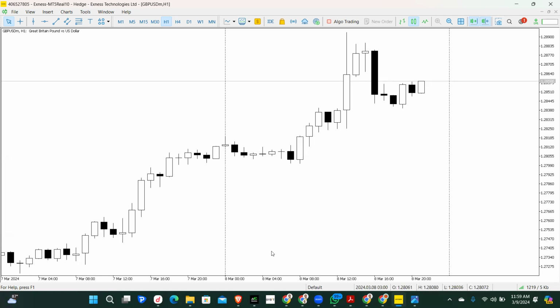This line is the current market price, which is 1.28586. If I'm buying with a buy stop, it simply means I want to buy at a price above the current market price. So when I'm buying above the current market price, I'm going to use a buy stop.